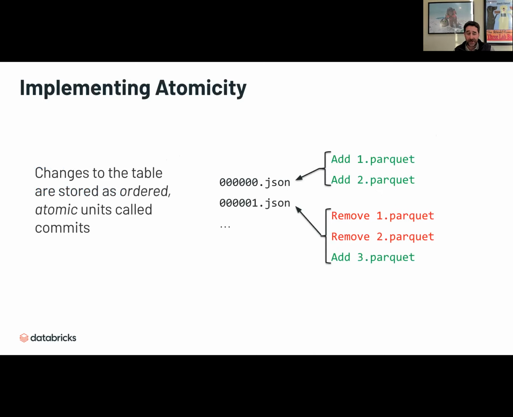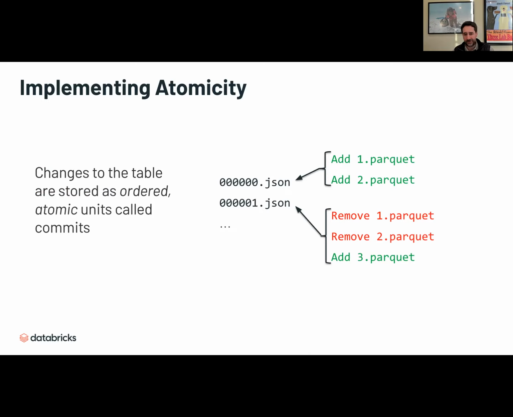What this actually allows you to do, one of the really great parts of Delta, is the fact that it's atomic. And each one of these versions is a version of the table that is whole at any given time.